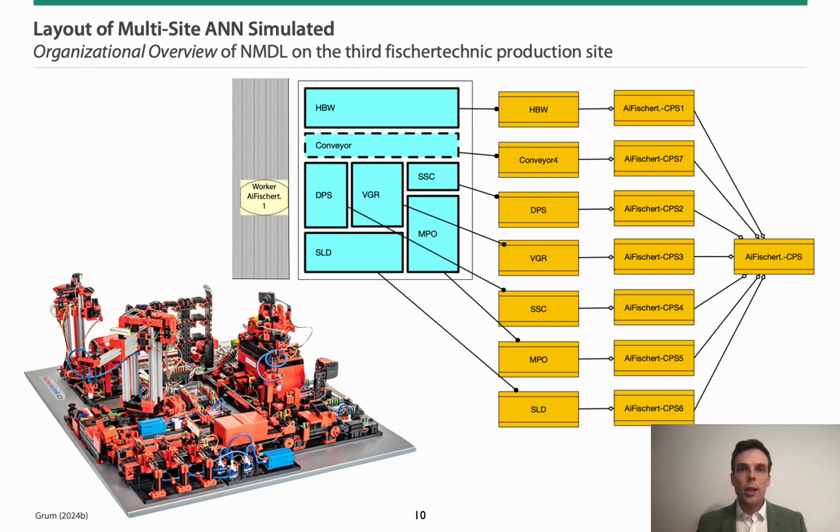The Fischertechnik-based production site, so the third production system, realized the marmalade cooking process. There is a storing area for fruit purchased. You can find it here.